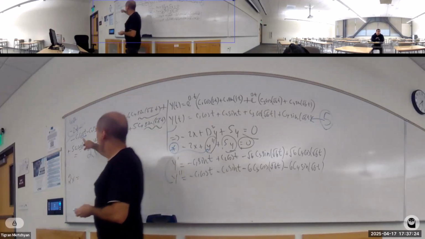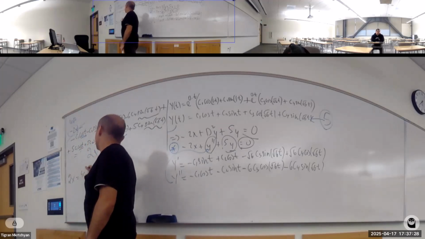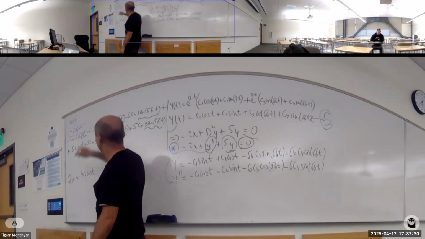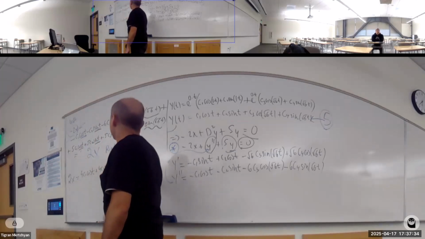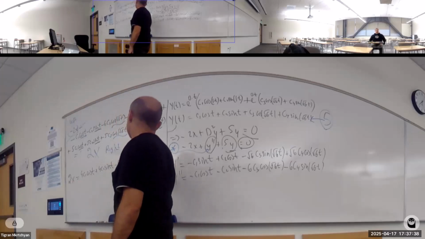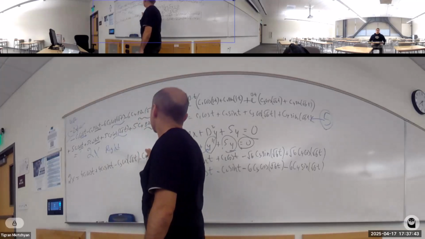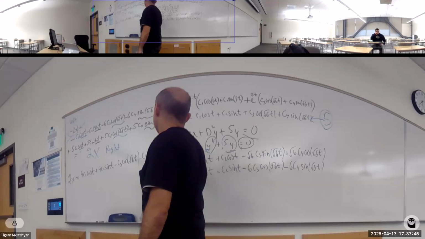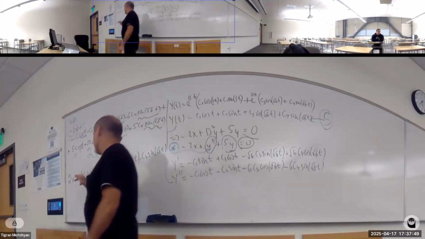These two together will give me 4C1 cosine t. Those two guys will give us 4C2 sine t. Minus C3 cosine radical 6t. Minus C4 sine radical 6t. I'll divide by 2.